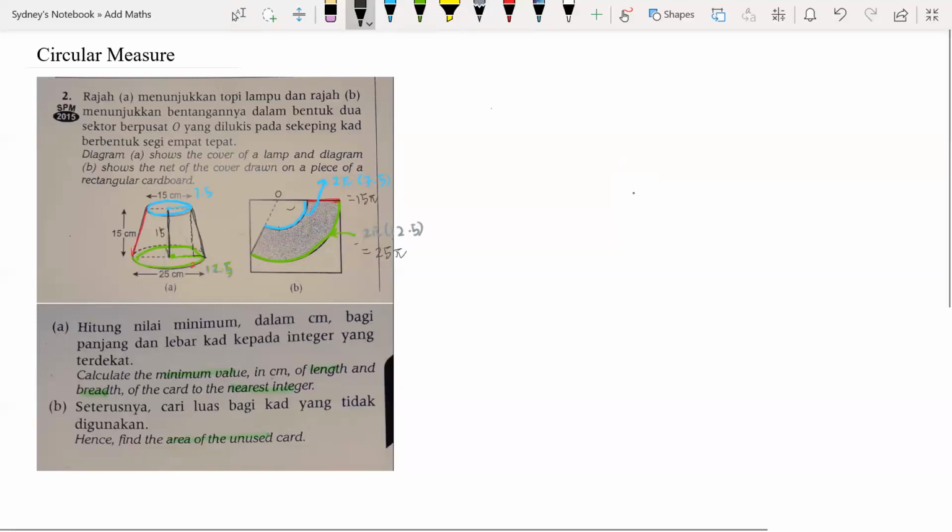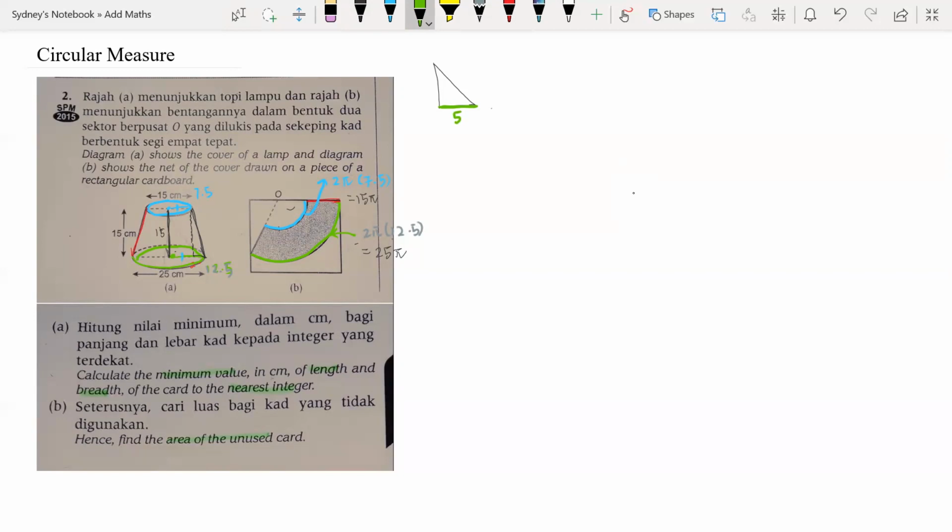So let me just extract the triangle out here. This is 7.5, and this is also 7.5. Therefore, the remaining length here will be 12.5 minus 7.5, which is 5.